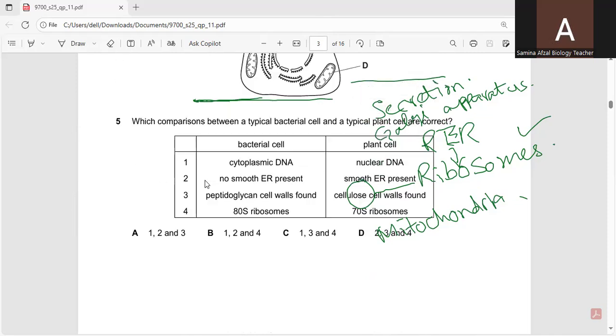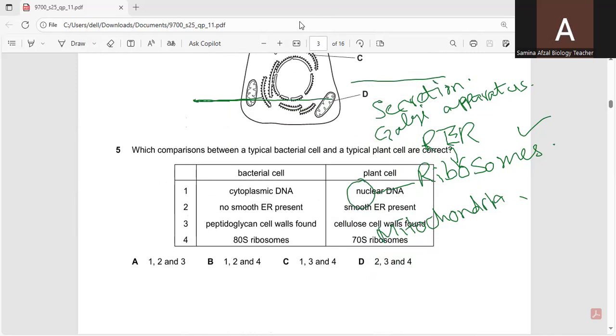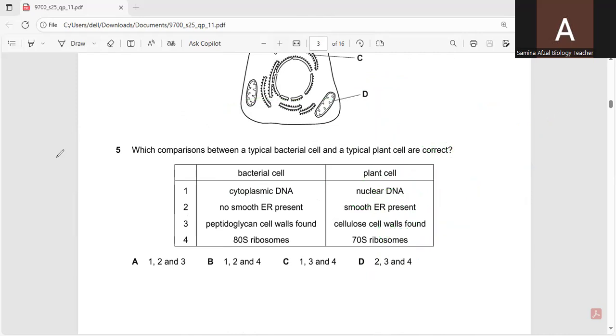Question number 5 is, which comparisons between a typical bacterial cell and a typical plant cell are correct? So the first statement is cytoplasmic DNA and nuclear DNA.